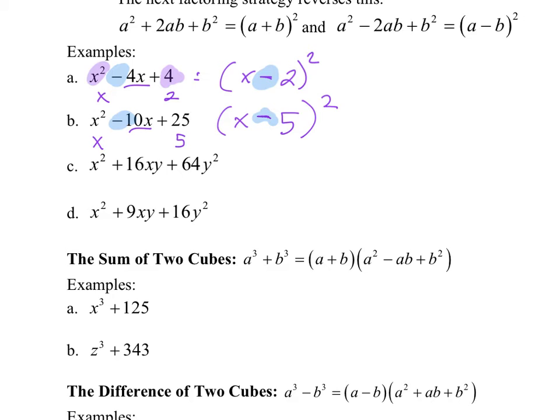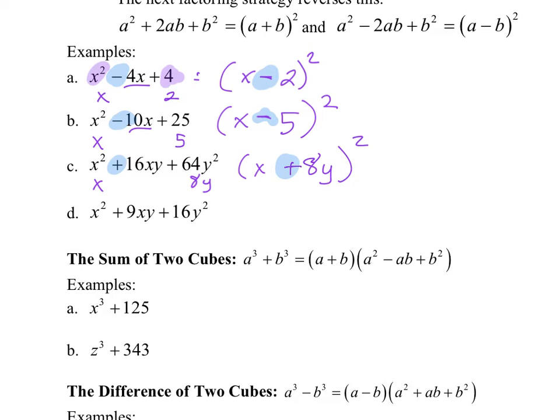On my next one, I have x and 8y. This gives me 8xy. Double that would be 16. Yes, I've got the pattern. So it's going to be x, 8y. Now, what I'm missing is my sign. So remember, plus goes right here.